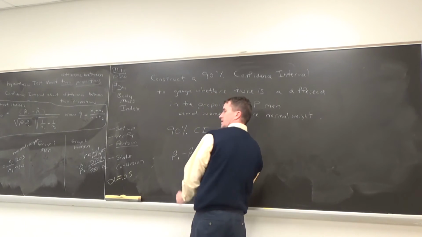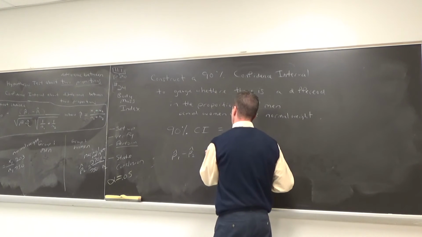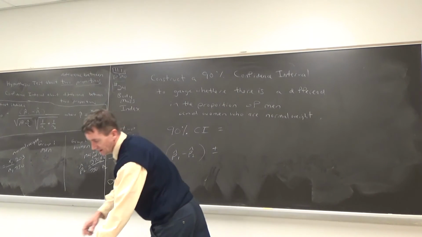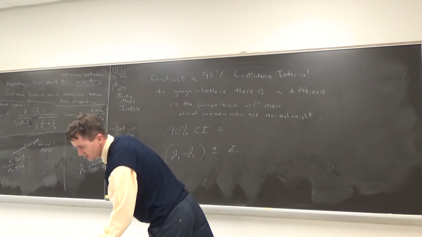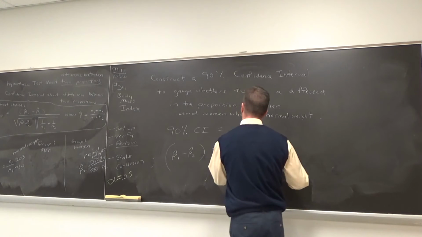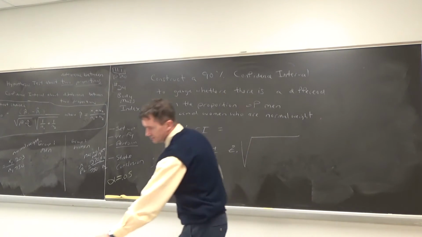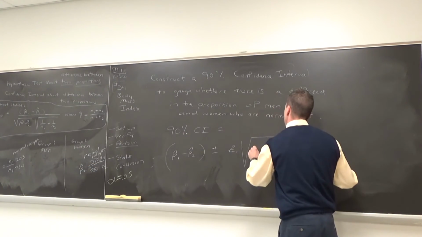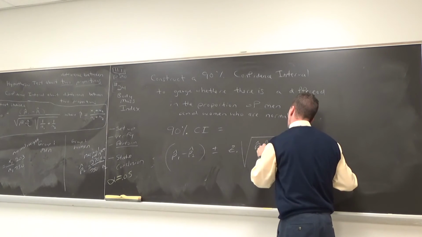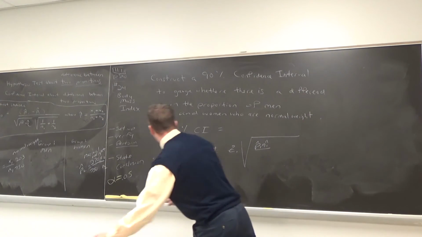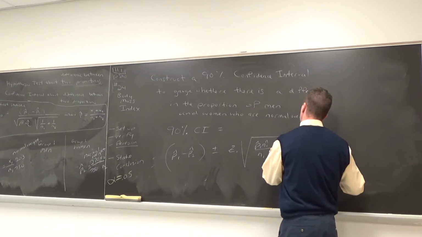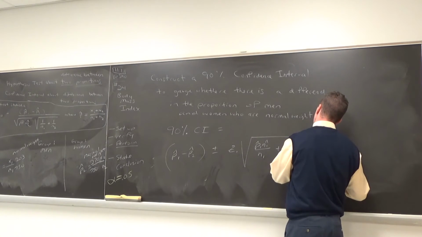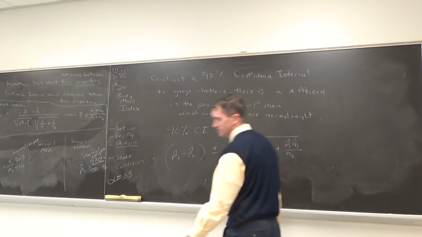That's your point estimate, plus or minus your z, times the square root of p hat 1 q hat 1 over n1 plus p hat 2 q hat 2 over n2.